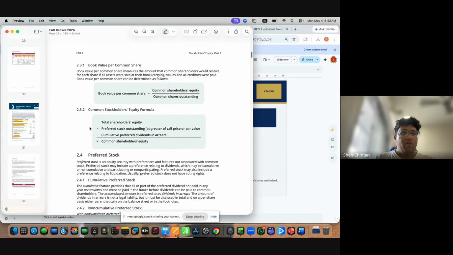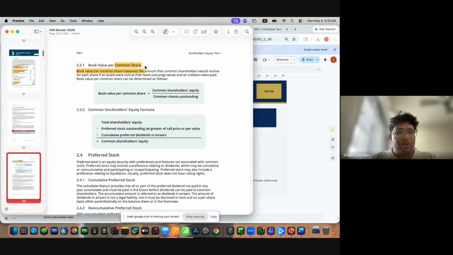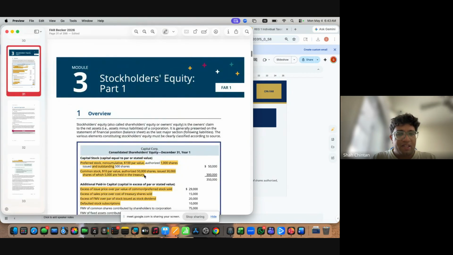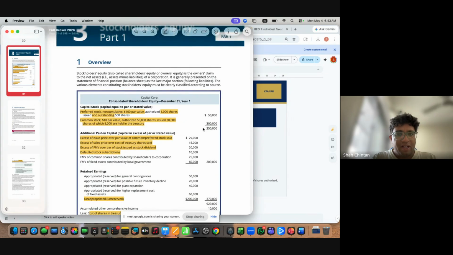A formula, what is the book value per common share? Again, a mathematical formula. A common share means only an equity share. What is the book value? It is the common shareholders' equity divided by the number of common shares which are outstanding. Let's see in this particular example, what is the common shareholders' equity? Assuming that we don't have anything else given on the below side of the question, we just have the first section here.